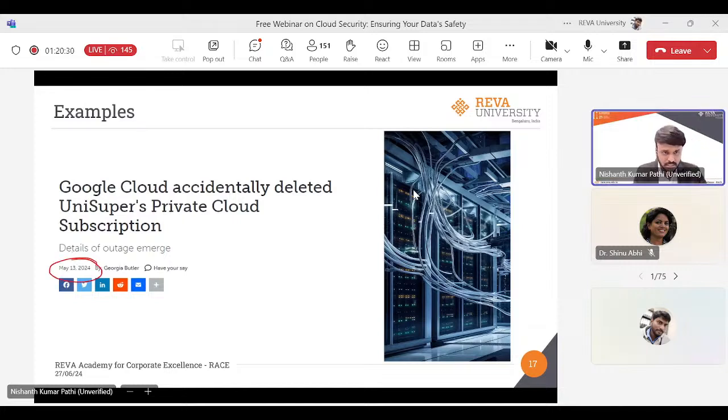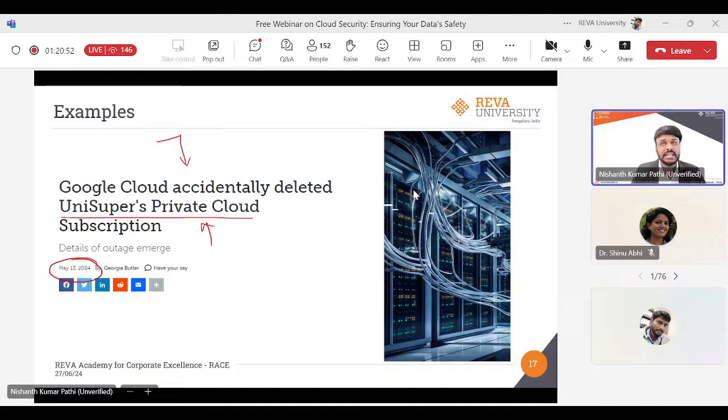Google accidentally deleted UniSuper's private cloud subscription. So there was a subscription from this company called UniSuper on Google, and Google deleted all the data. When I say all the data, literally the backups were also deleted from Google Cloud.